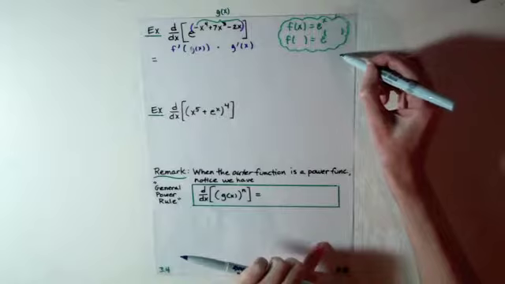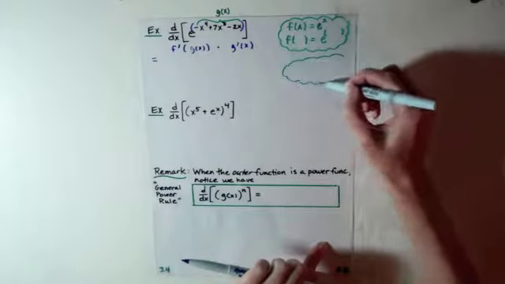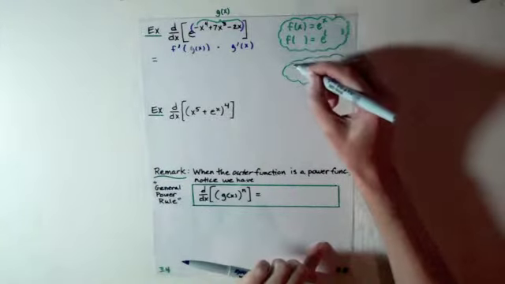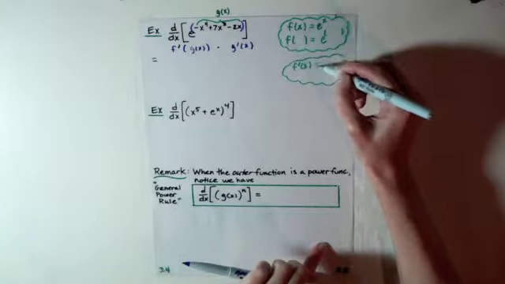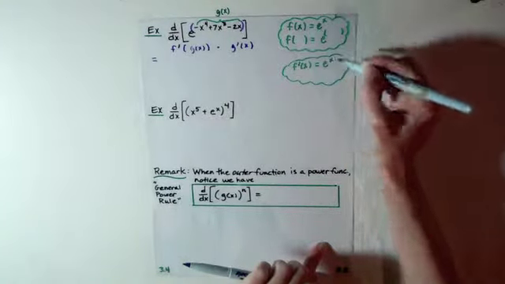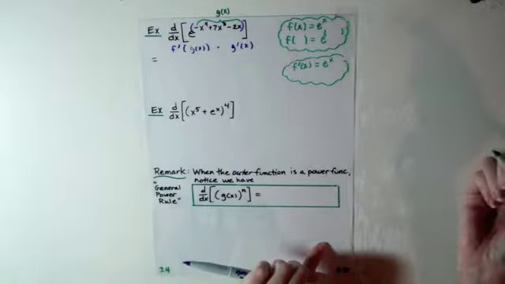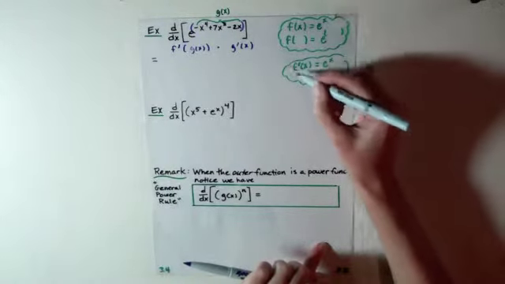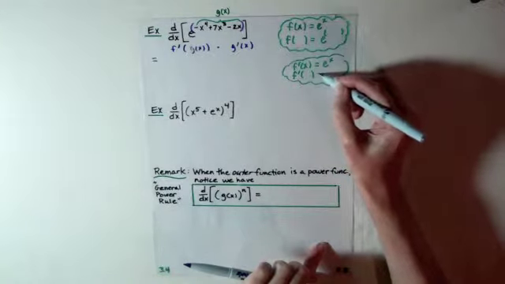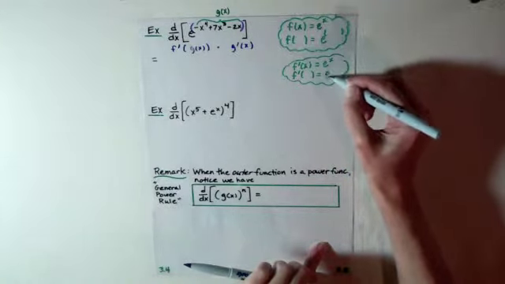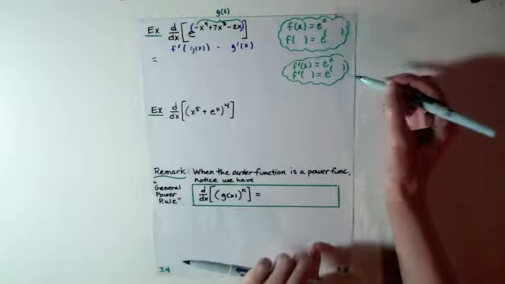I'm going to actually write that in a little cloud over here just because it's such an unusual function. When I take the derivative of e to the x, I get the same function back again. It's its own derivative. And so if I were to think of that with empty parentheses, f prime of whatever is also equal to e to the whatever.